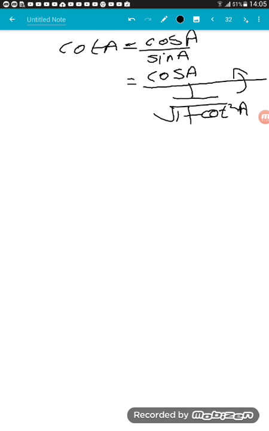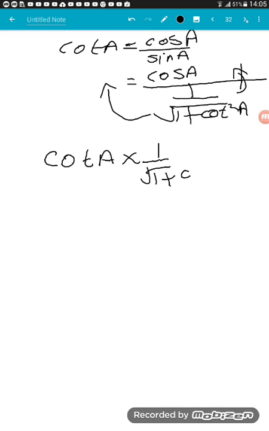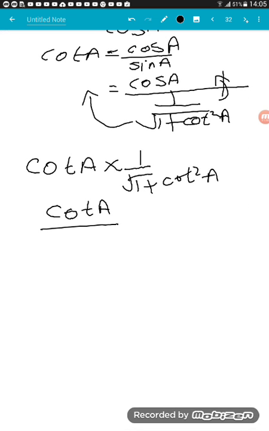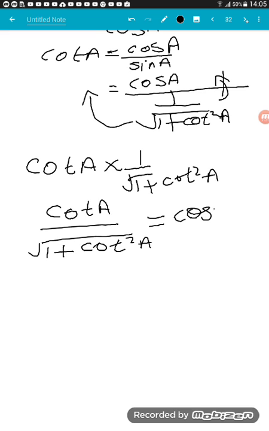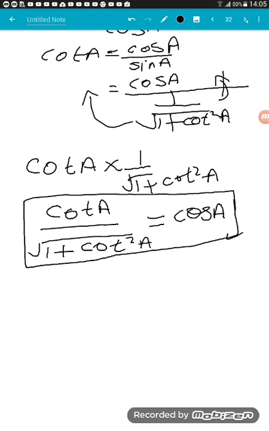If you bring it over here, it will become cot A into 1 by root 1 plus cot square A. So it will be cot A by root 1 plus cot square A equal to cos A. So now we found the third part also, that is cos A.